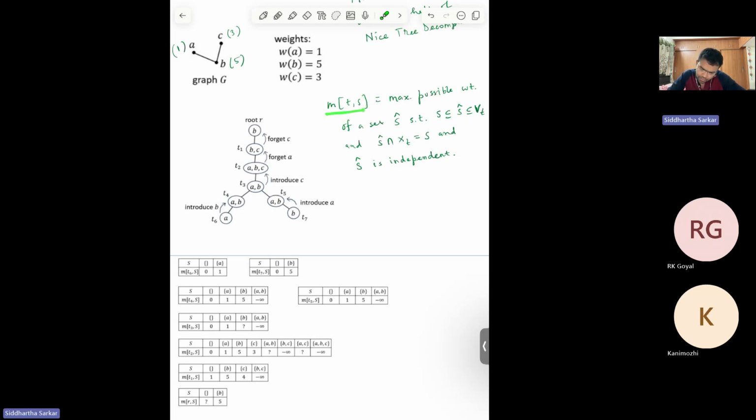So what does this entry signify? So it signifies the maximum possible weight of a set of vertices S cap, such that S cap is a superset of S, and it is a subset of VT. So VT is, just a second. So what is VT?